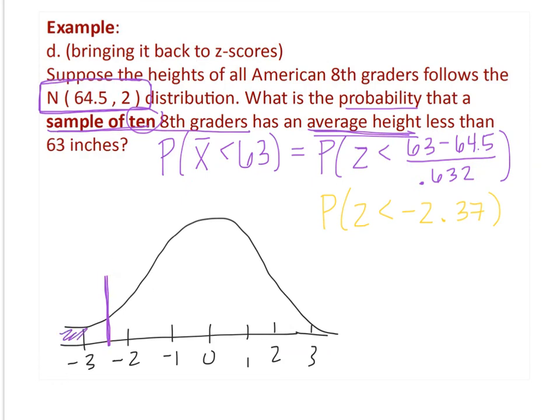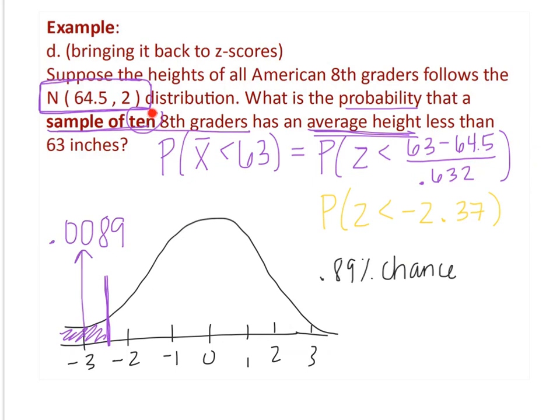So this area down here, when we go to table A, is 0.0089. So now this is saying that I only have a 0.89% chance that my sample mean is less than 63. Whereas in part A, there was a 22.6% chance that one person would be shorter than 63.